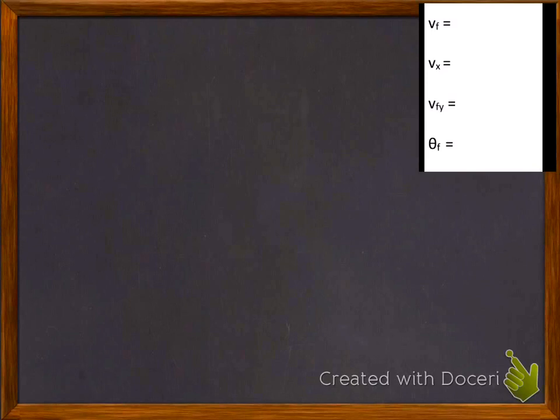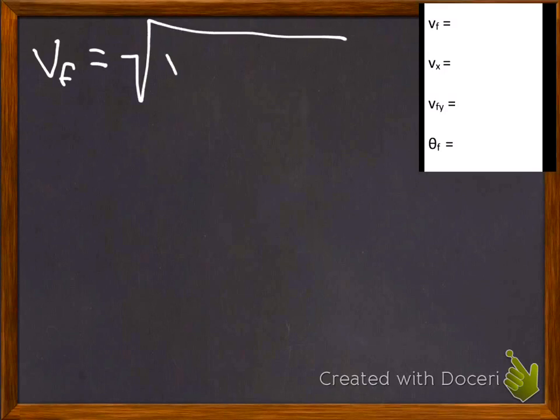So to find VF, the only equation that we have to find VF is when we take the square root of Vx squared plus VFY squared. So we do have Vx. Remember, it stays constant the whole time. So whatever it was at the beginning, it'll be the same at the end.